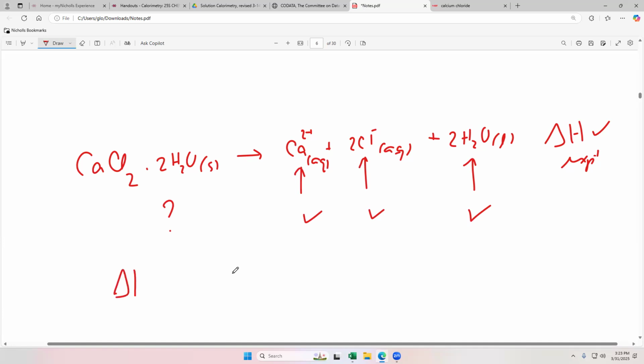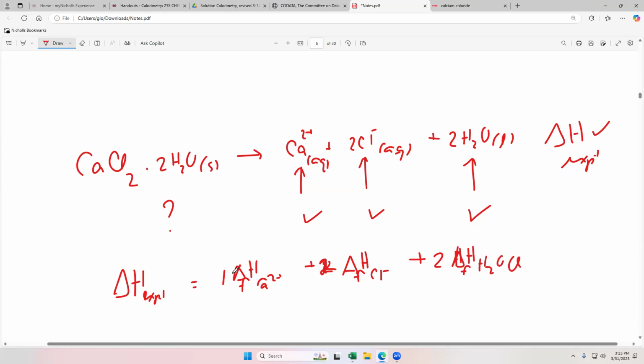But that's actually what we want. So delta H experiment is equal to 1 times the delta H formation of calcium ions plus 2 times the delta H formation of chloride ions, 2 moles times the value per mole, plus 2 times the delta H formation of liquid water, minus delta H formation of your hydrate.